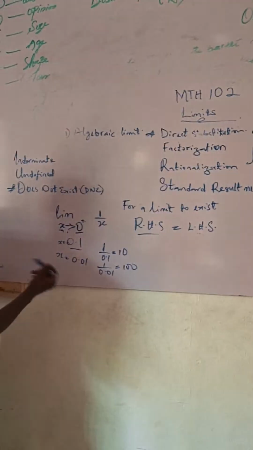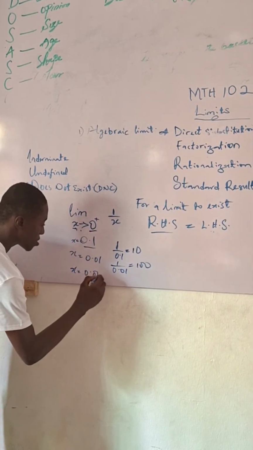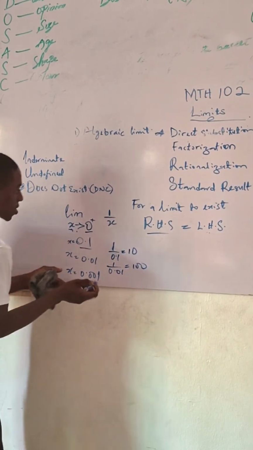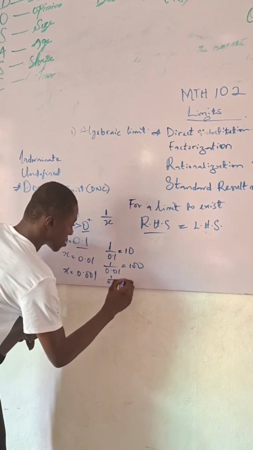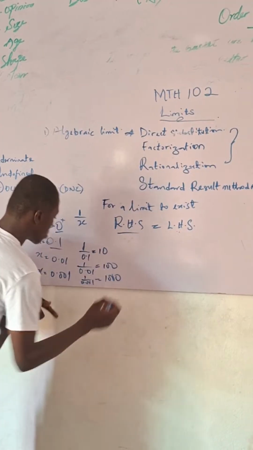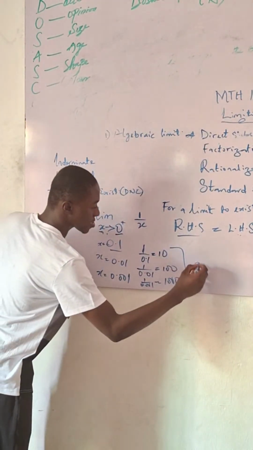If I do x as 0.001, this number is still very close to 0, that would be 1 over 0.001. This is 1,000.